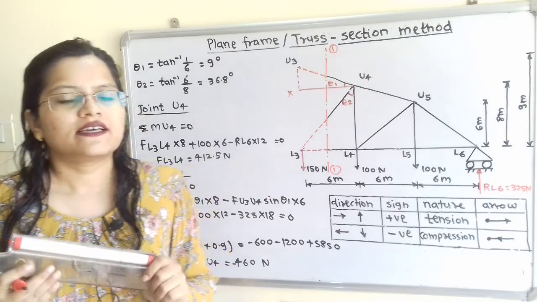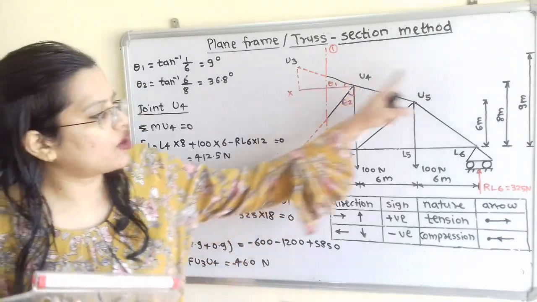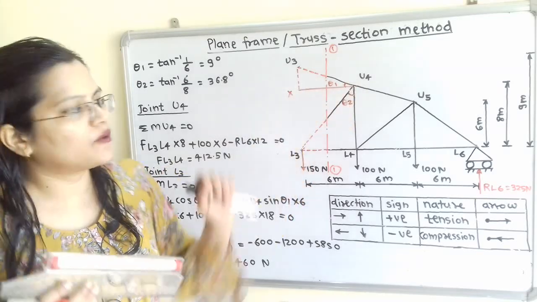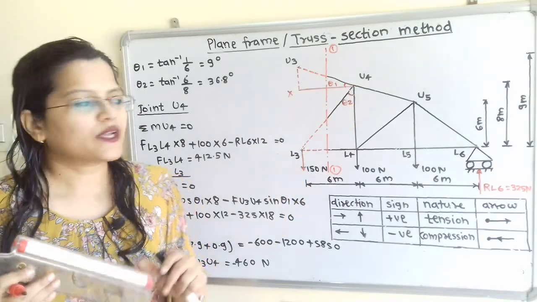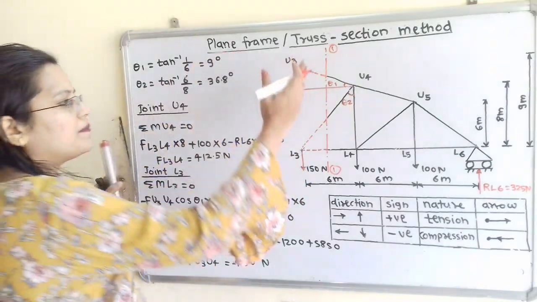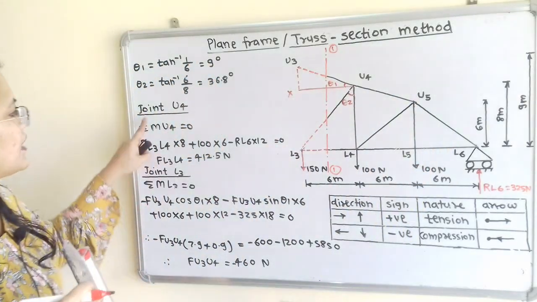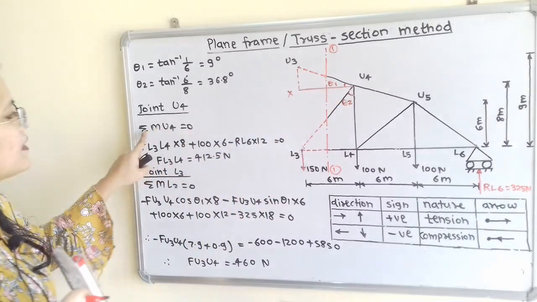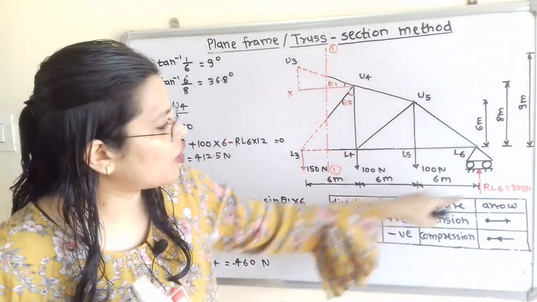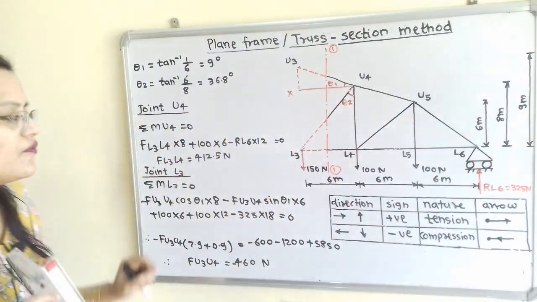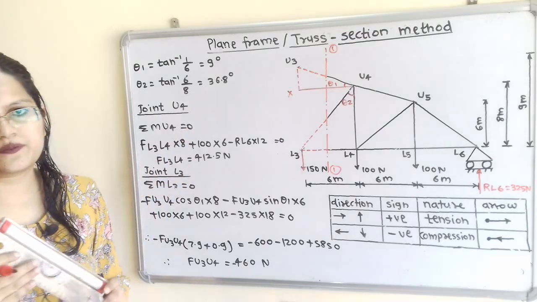So we can take the summation of moments of all the forces about point U4, because we have considered equilibrium on this right hand side part. So we select joint U4 and take the summation of moments of all the forces about point U4 equal to 0.